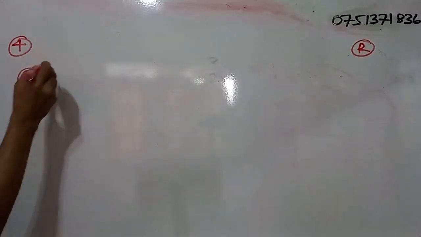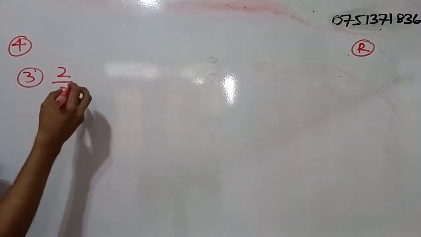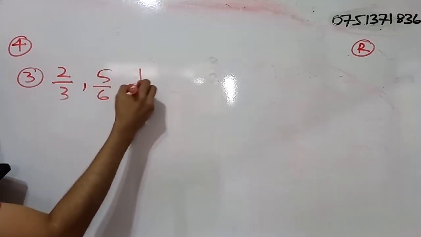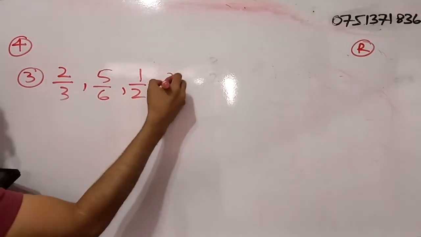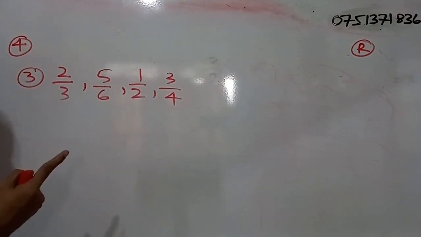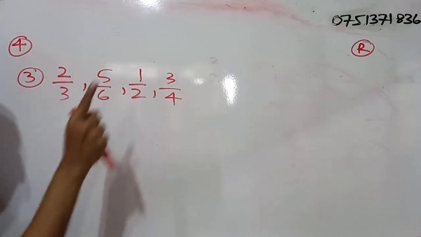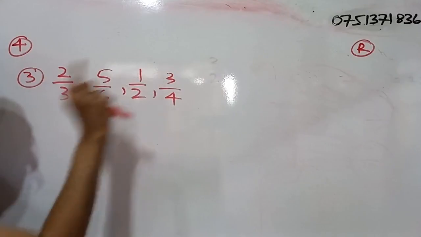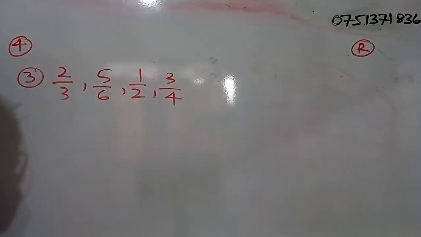Now part 3, we have 2 by 3, 5 by 6, 1 by 2 and 3 by 4. Now here, we cannot find a pattern. Pattern in the sense, the denominators are not equal, and the numerators are also not equal. Right?